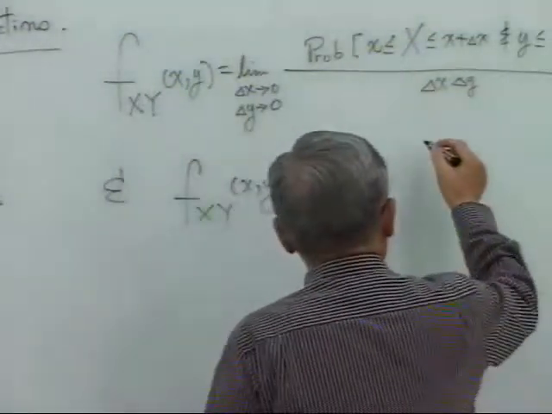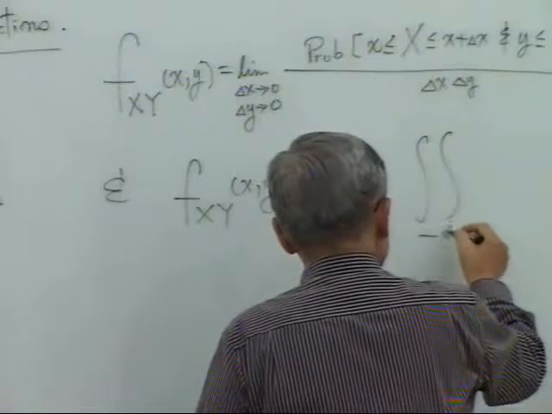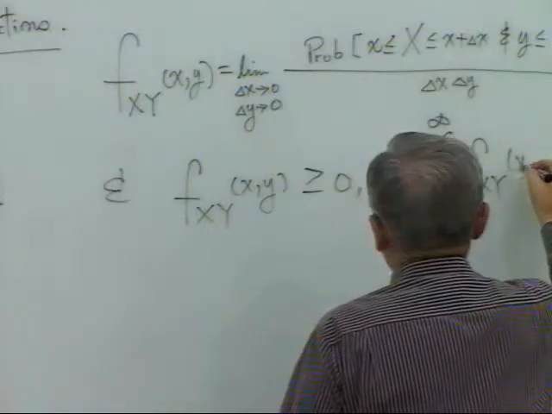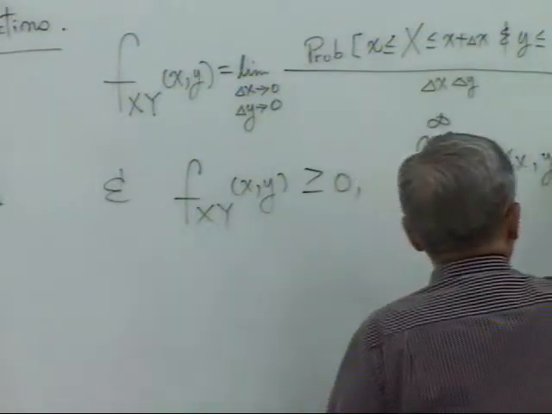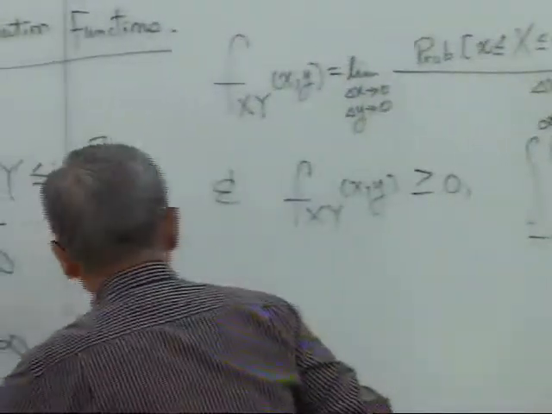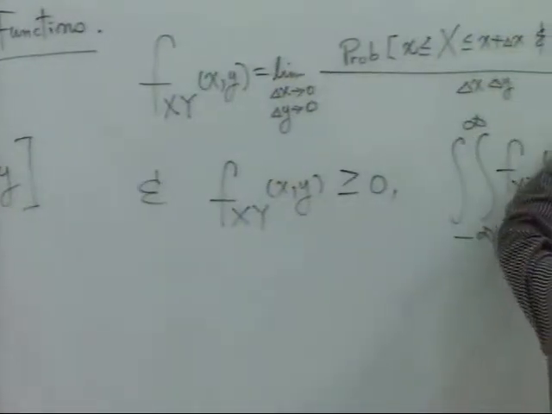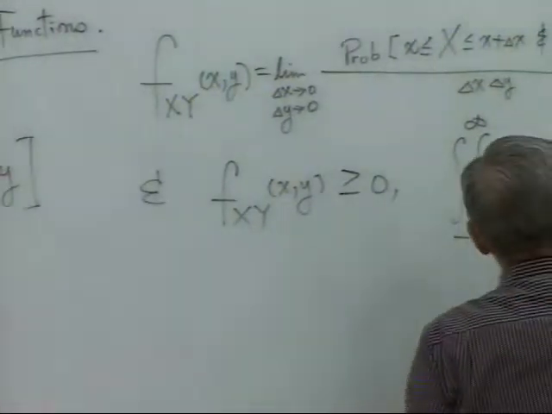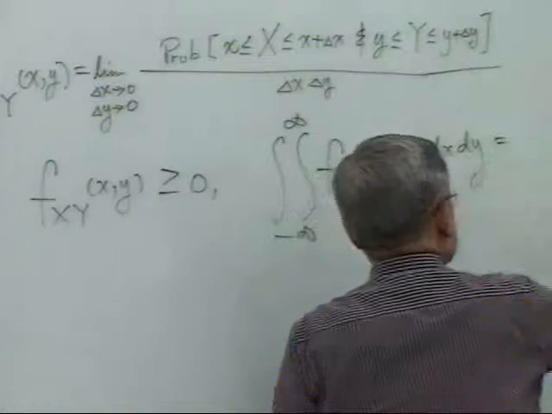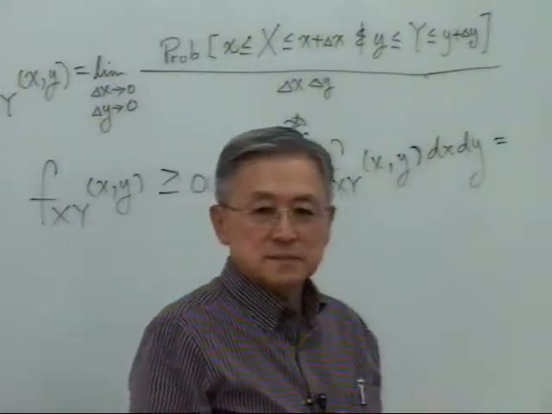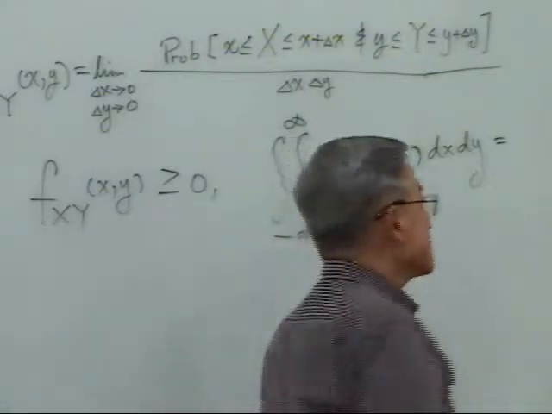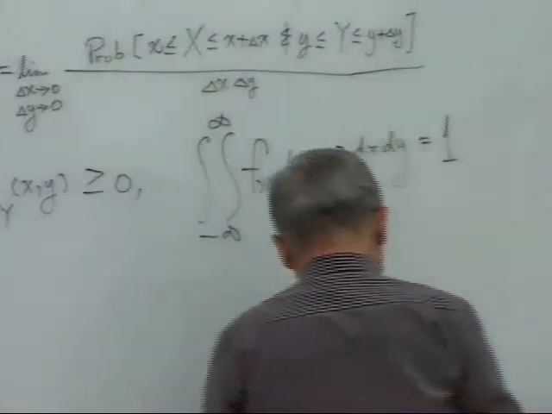And the density function, integrated from minus infinity to infinity, of the whole f XY dx dy, which really means the volume, is equal to 1. That's the total volume. Double integration is equal to 1.